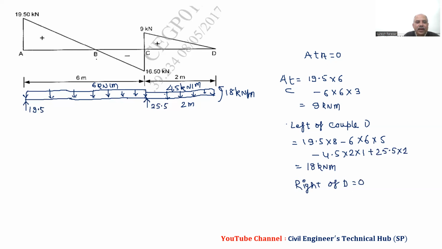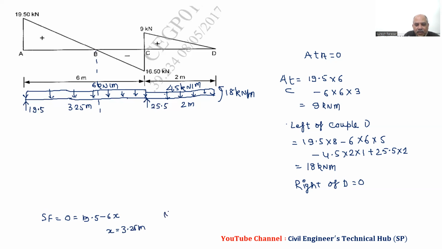And then we have to find the point of zero shear force, that is 19.5 by 6. This comes 3.25. Already I explained in the last video, shear force equal to 0 equals 19.5 minus 6x, and we will get x equal to 3.25 meter.